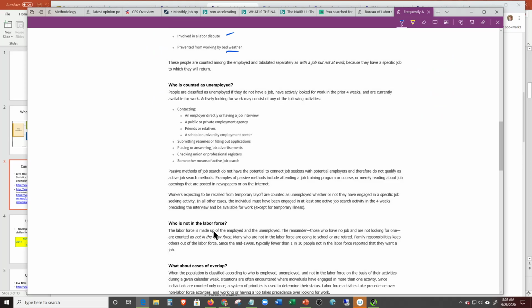Now, who's counted as unemployed? Well, people are classified as being unemployed if they did not have a job, but actively looked for work in the past month, past 4 weeks, and are currently available for work.